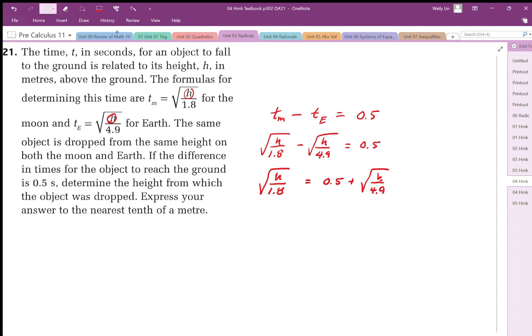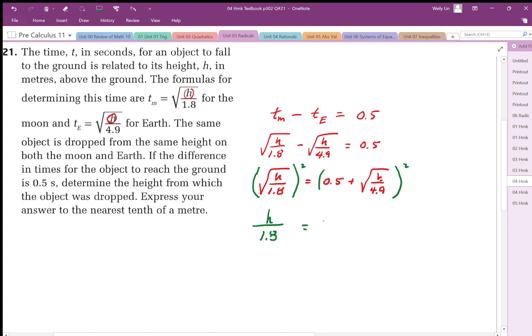Okay, so at this point we're going to square the first square root to get rid of it. But it's still going to generate a square root on the right hand side because remember we have to distribute this out. So we end up with h over 1.8 on the left hand side.